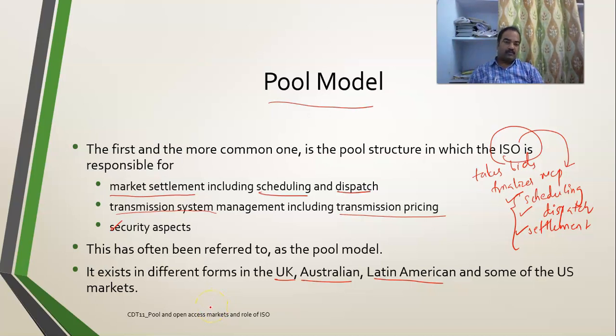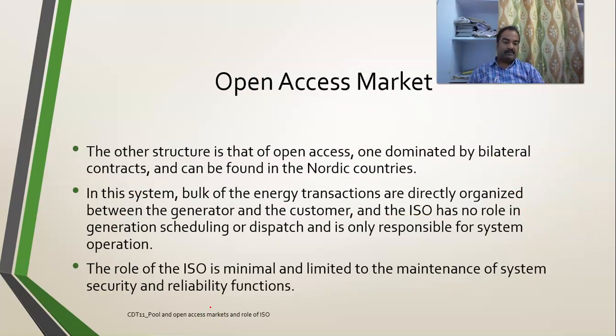The other model, where a partial pool is implemented in addition to the bilateral contracts, is called an open access market. An open access market is predominantly dominated by bilateral transactions, but there exists a small pool.